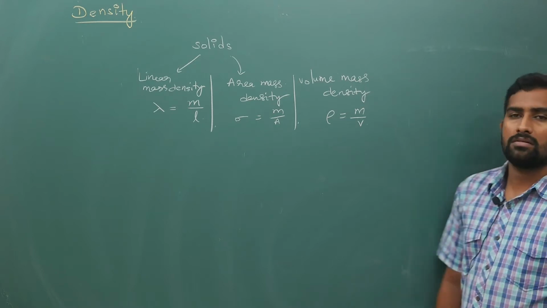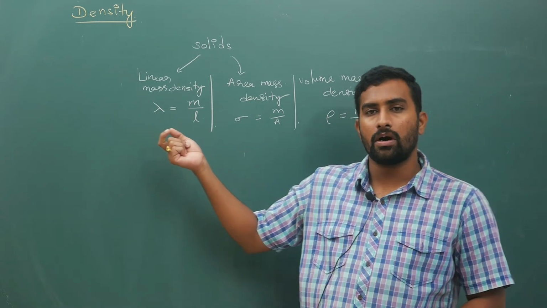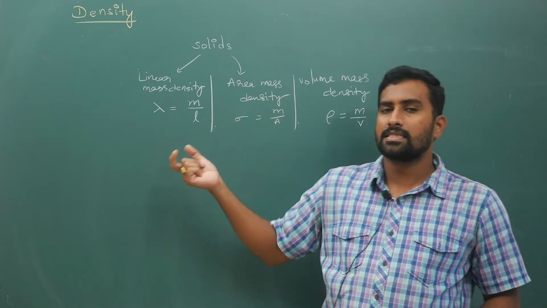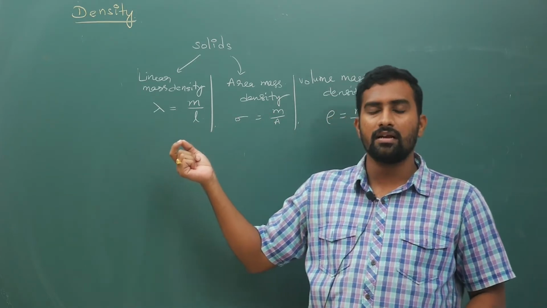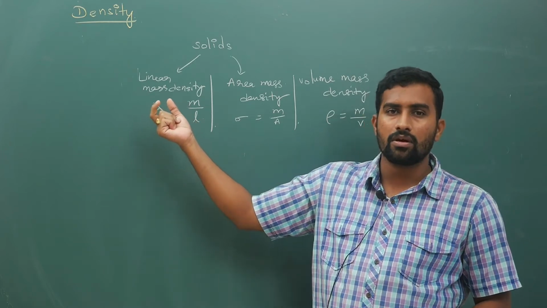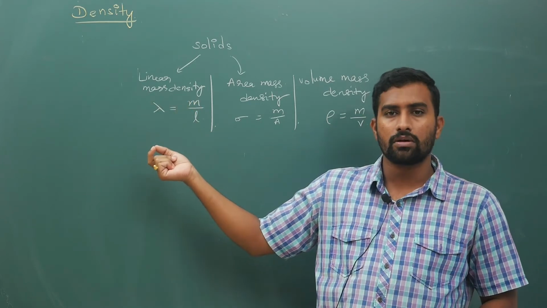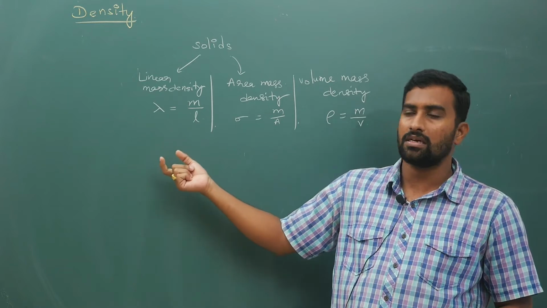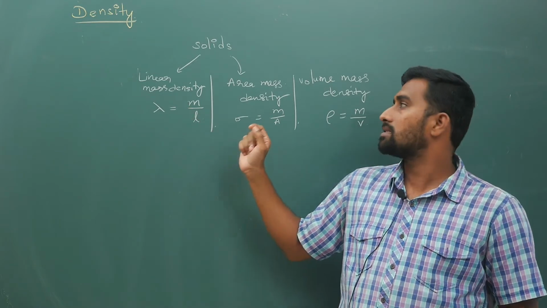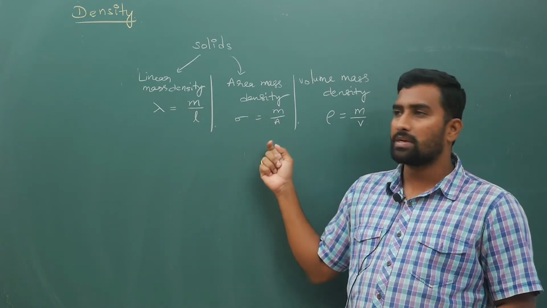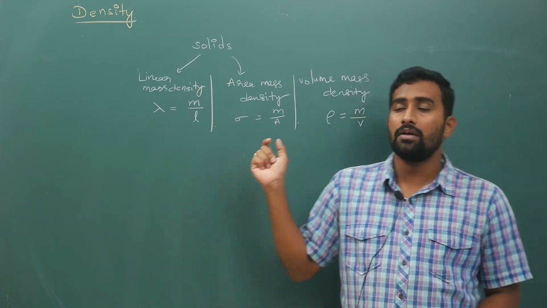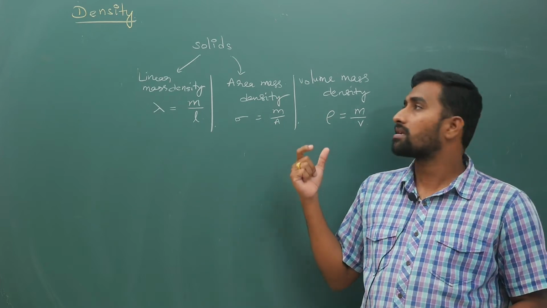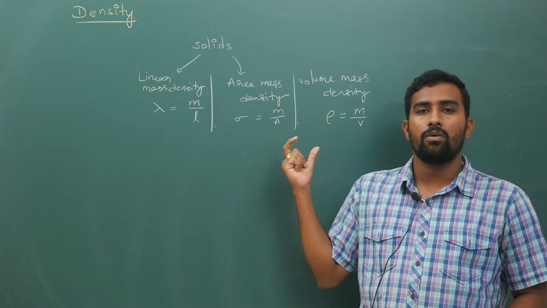For objects formed with a thin thread, you can form thin rods, arcs, and such objects; their mass density is mass by length. Areal mass density is mass by area, which can be found with a sheet of paper and hollow objects, and where the entire solid object is filled, that becomes volume mass density.